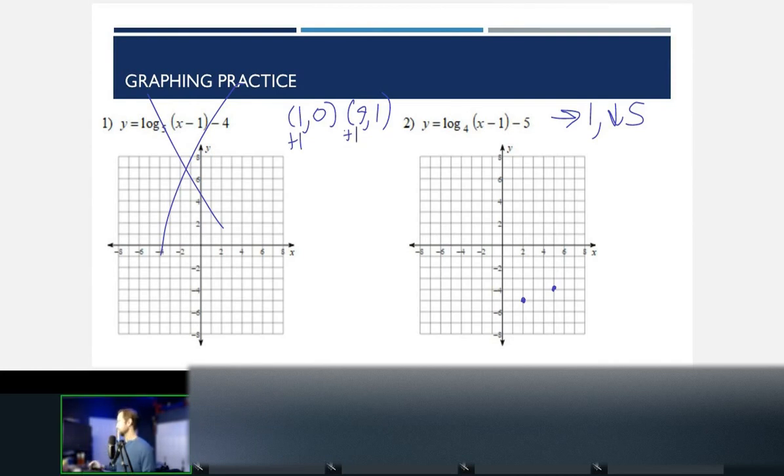And then we are subtracting 5 to the y value. Yeah, so that looks right. 2 comma -5 and 5 comma -4. Yeah, it looks good.